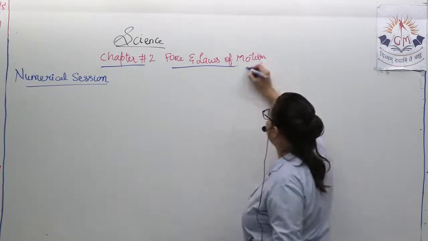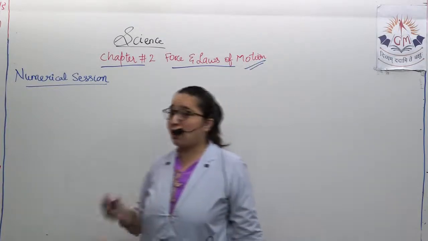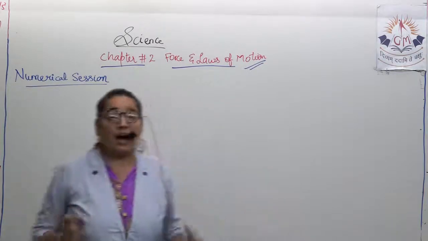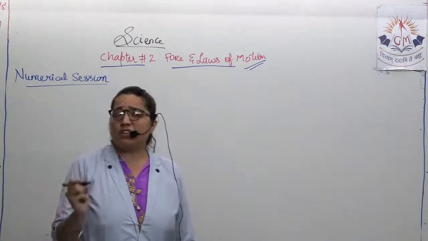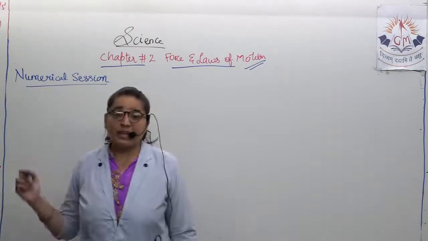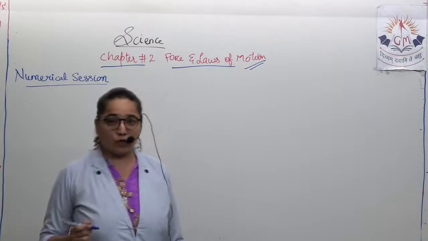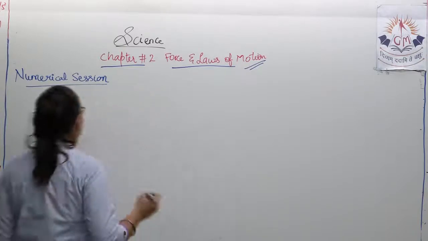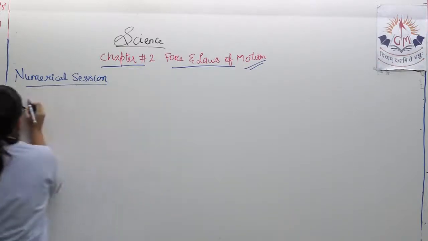Why? This is law of motion, so all the formulas of motion need to be revised. Whichever one we will use particularly in this lesson, I will note it down for you. So very quickly we will revise all the formulas.